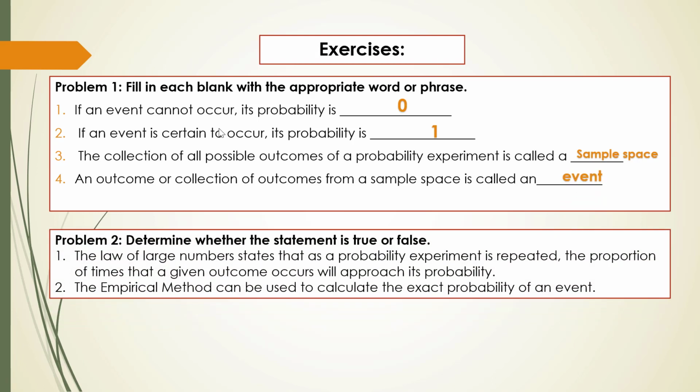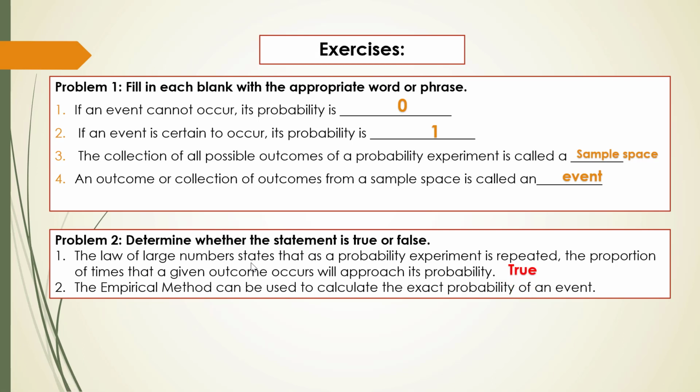Problem number 2, determine whether each statement is true or false. First, the law of large numbers states that as a probability experiment is repeated, the proportion of times that a given outcome occurs will approach its probability. This is true. This is right at the statement of the law of large numbers.